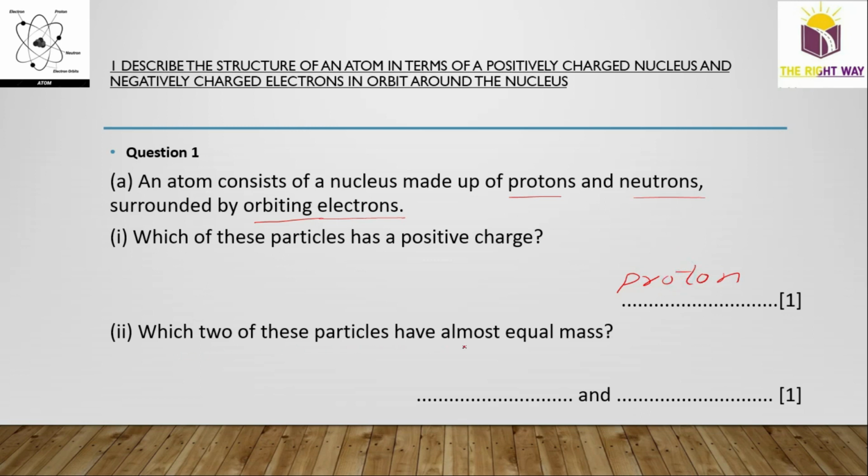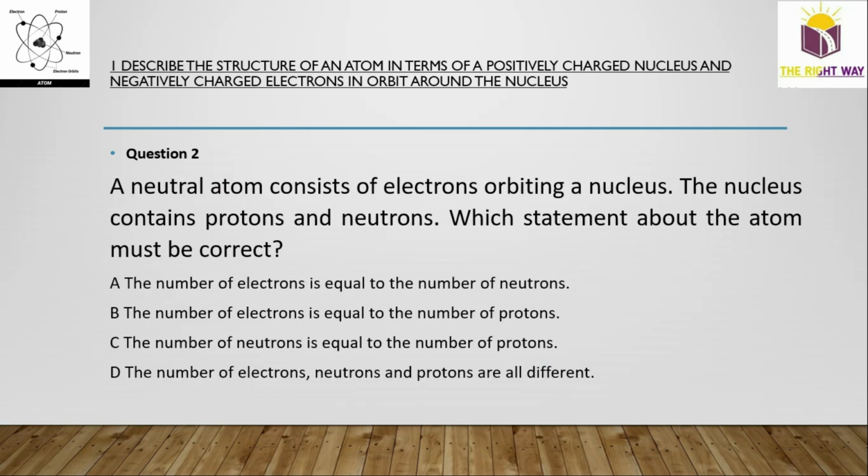Which of these two particles have almost equal mass? We have studied that proton and neutron have almost equal mass, and proton is positively charged and electron is negatively charged.